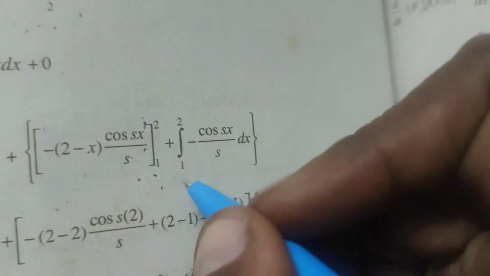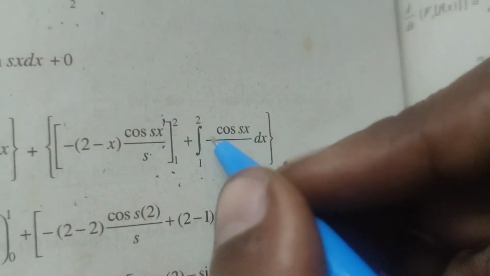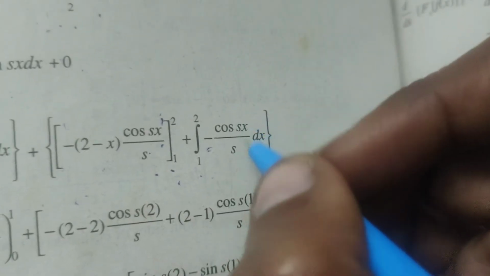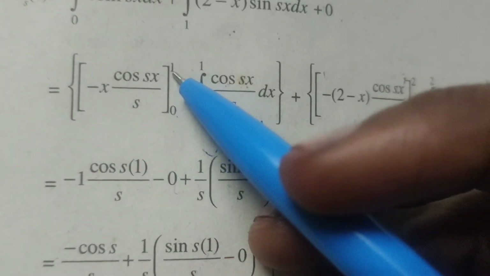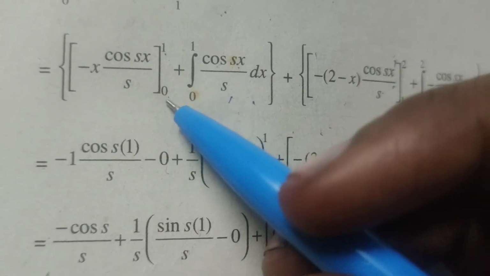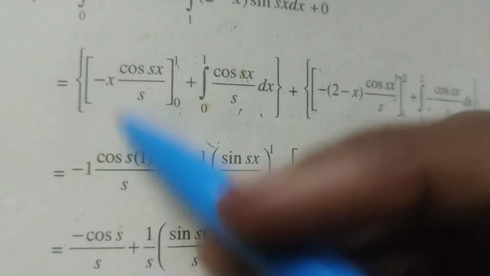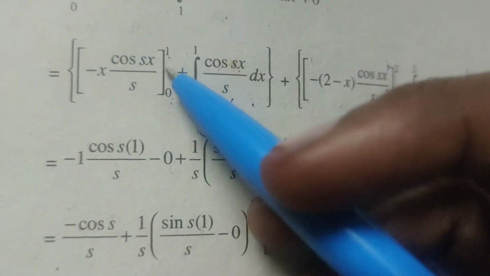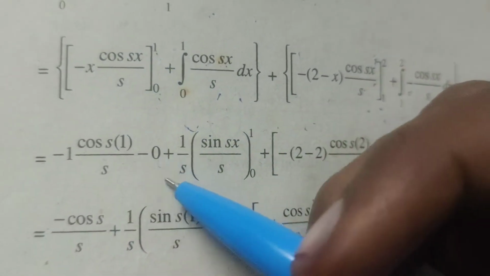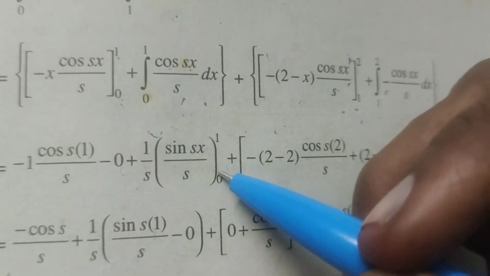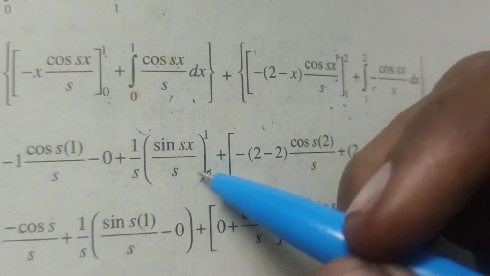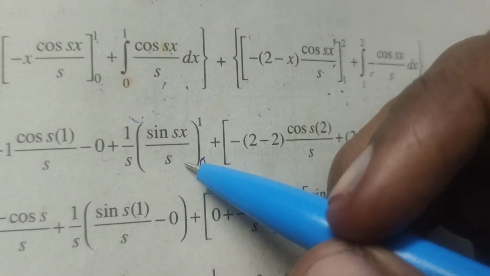Now integrating from 1 to 2 of cos sx by s dx. First substitute the upper limit, then the lower limit: minus 1 cos s into 1 by s minus 0 plus 1 by s sin sx by s.